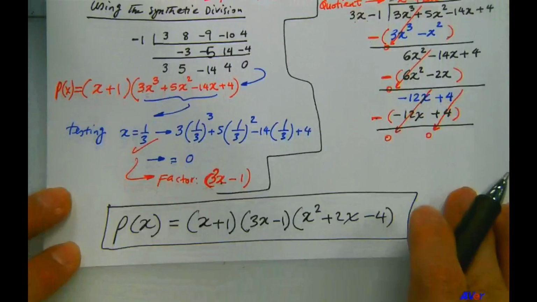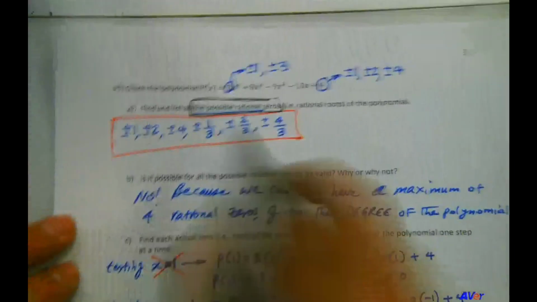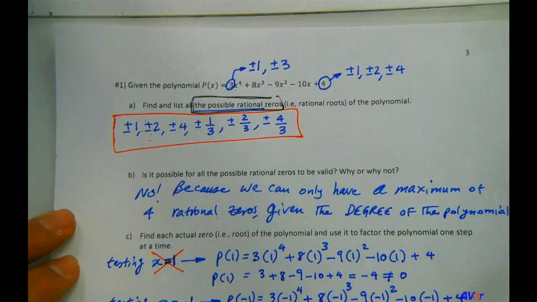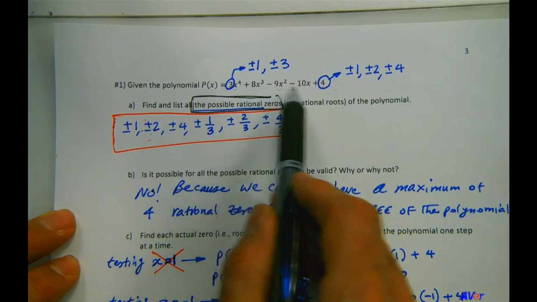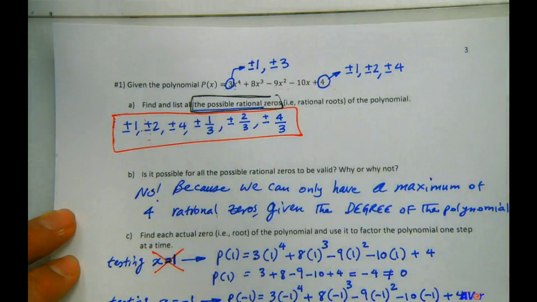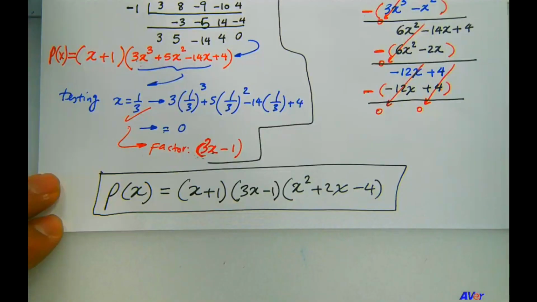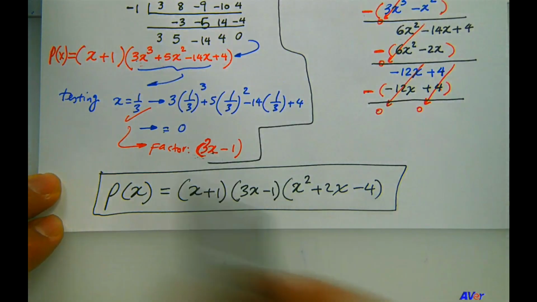So there. So this original polynomial, 3x to the 4 plus 8x cubed minus 9x squared minus 10x plus 4, we could write using these factors. If you expand this, if you multiply all of this together, you will get that original polynomial.